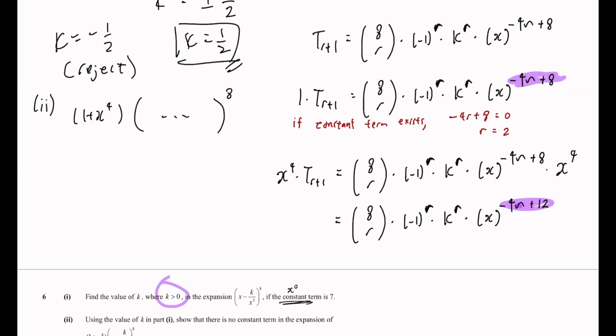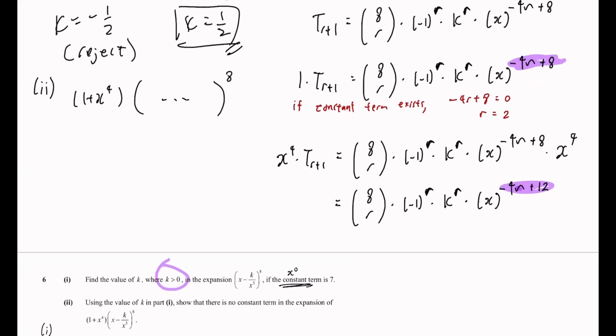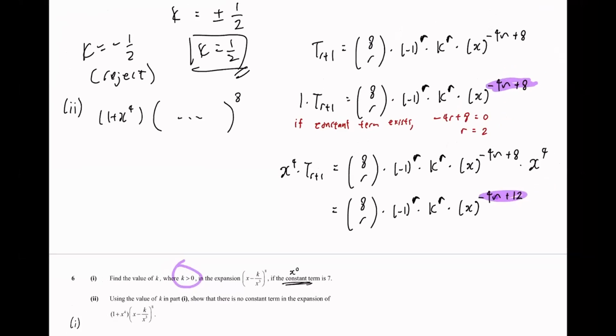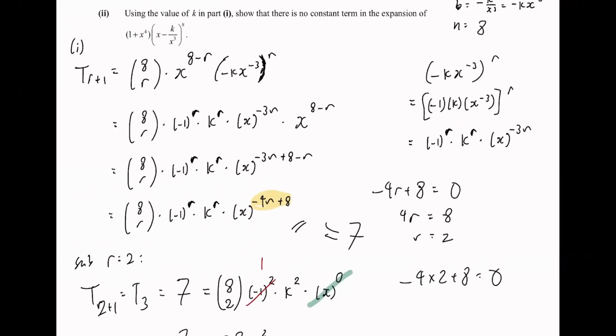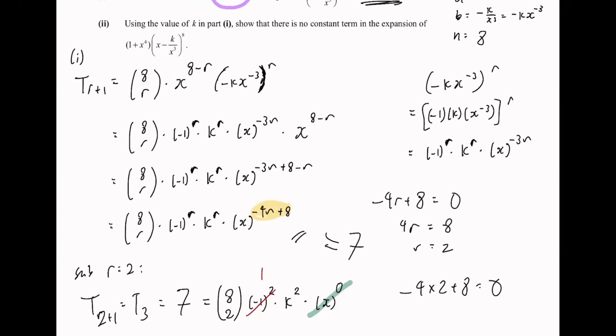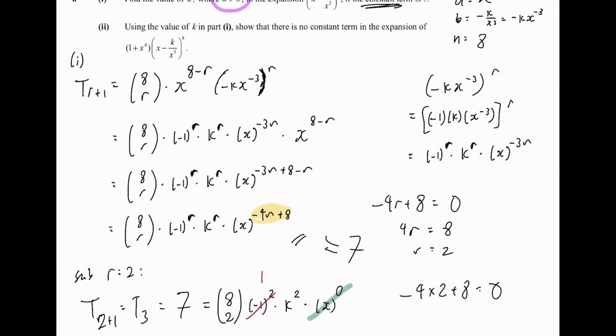Let me see, this shouldn't be the case. I should be getting a wrong answer. Let me think a bit. -4r plus 8. Sorry, let me think a little bit. Did I do something wrongly?